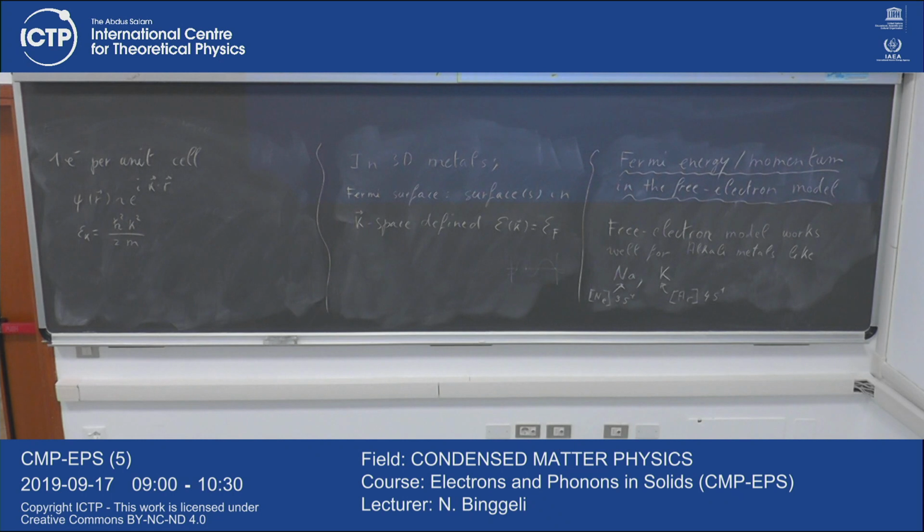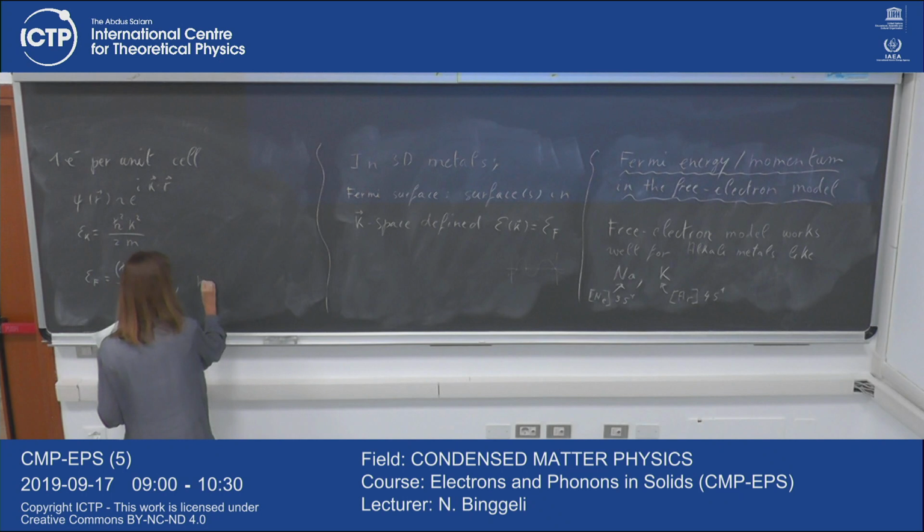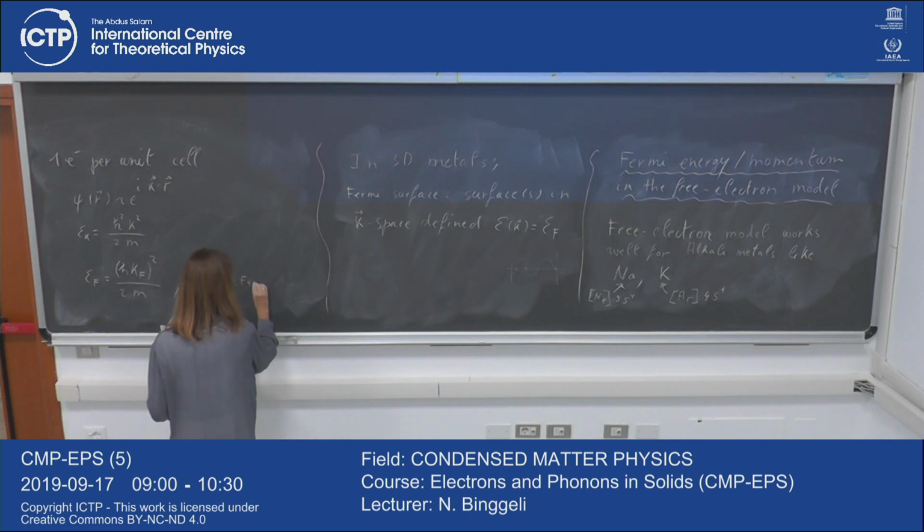So this is the free electron model and the corresponding wave function, and the Fermi momentum is defined by the k that will correspond to the Fermi energy. So I will have a Fermi energy epsilon F, and this condition will give me the Fermi momentum, that is h bar k F is by definition the Fermi momentum.